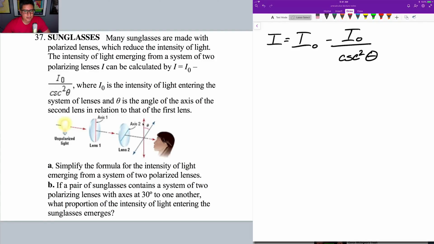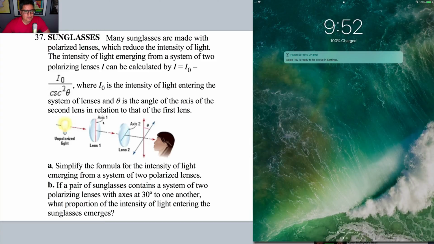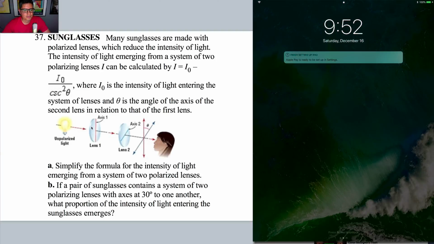So this red line here is the axis of the first lens, and the blue line is the theta, the degree to which that second lens is turned in relation to the first lens.